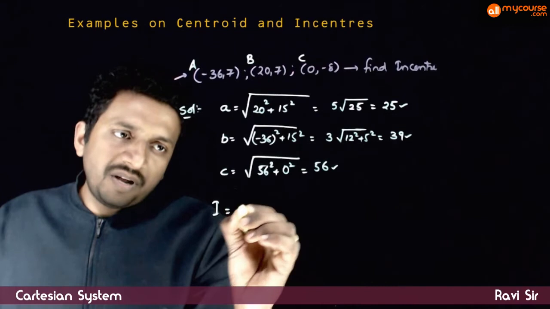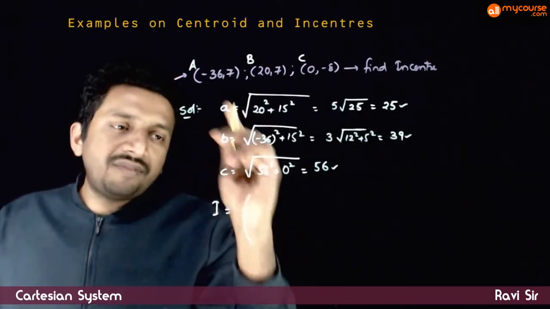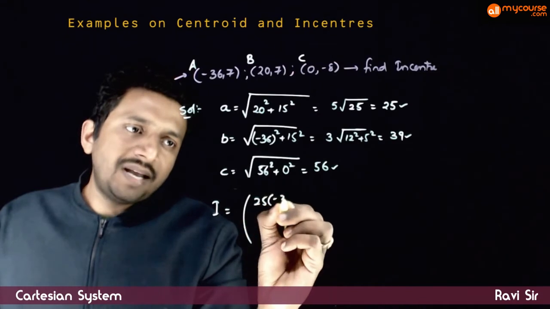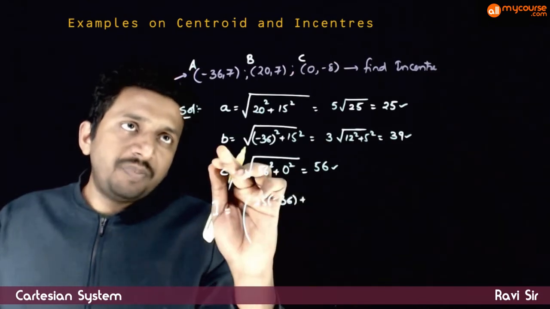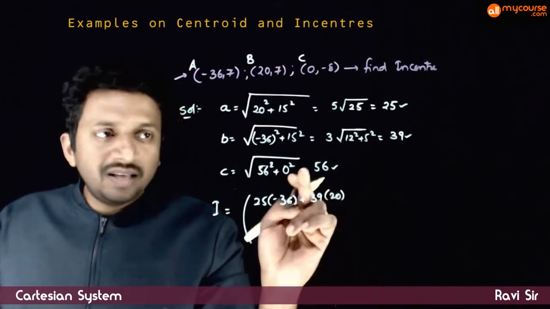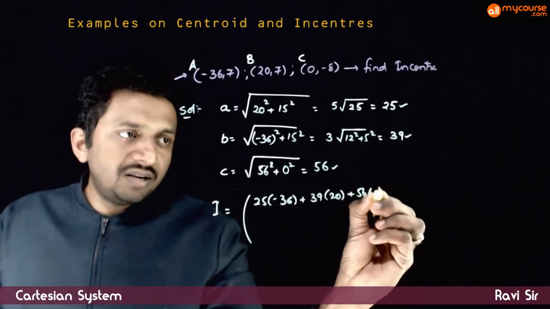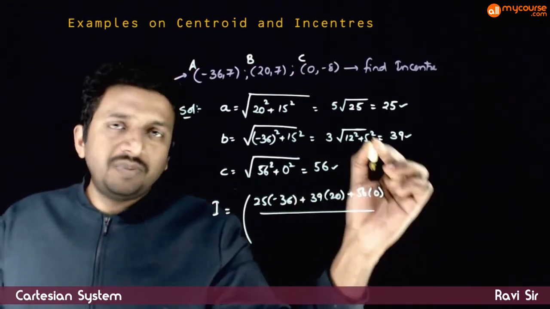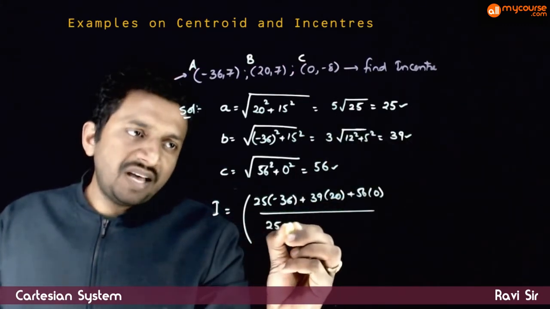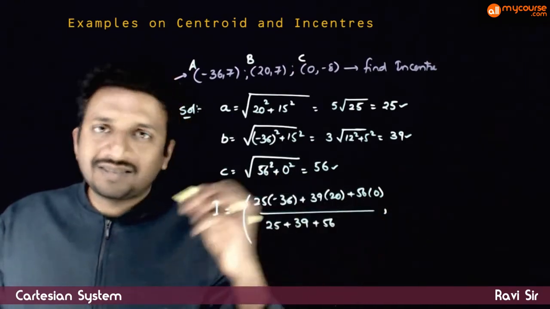Now the formula for the in-center is a times x1, that is 25 times minus 36, plus b times x2, 39 times 20, plus c times x3, 0, by a plus b plus c, 25 plus 39 plus 56.